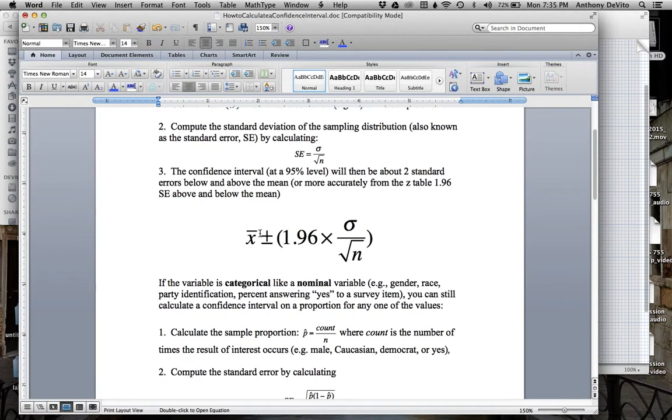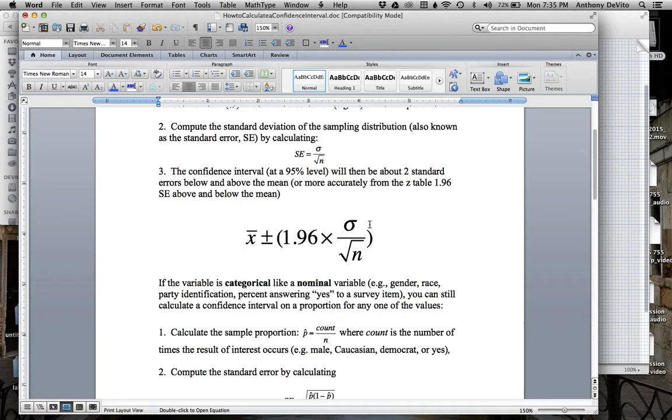So what I'm saying is, if I calculate a mean of 100 for a certain population with a standard error of 10, I would call my confidence interval 100 plus or minus 2 times my standard error. 2 times 10 is 20. Plus or minus that 20.